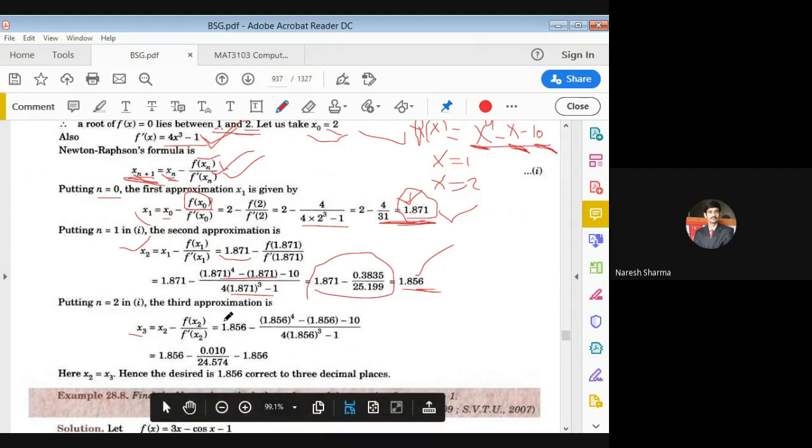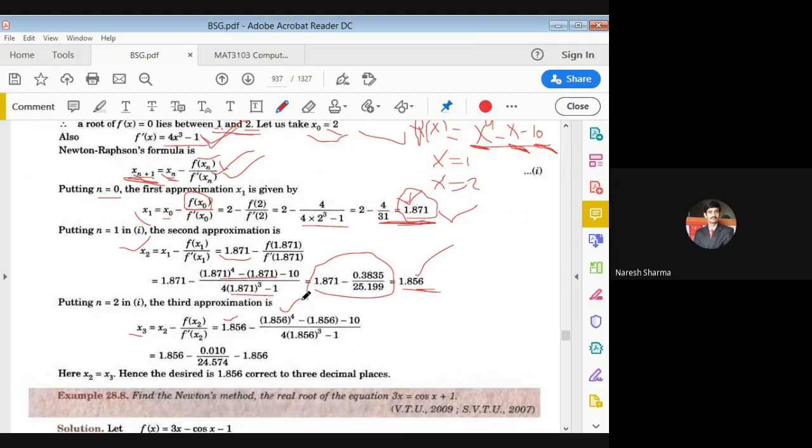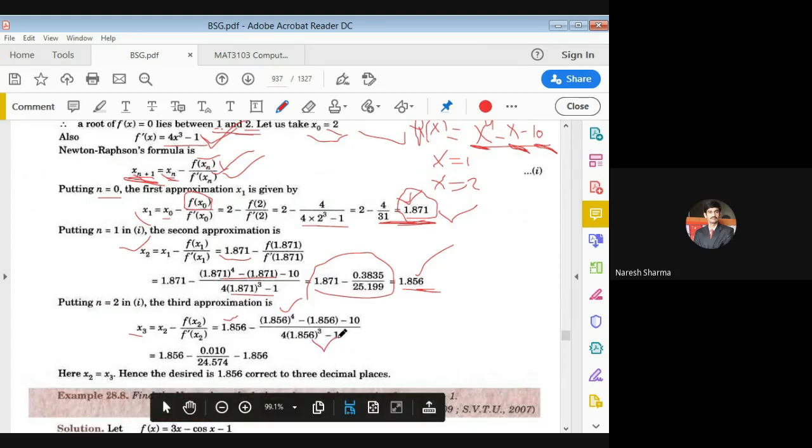So put your x2 here. The value of the function at the new approximation 1.856, divided by the derivative of the function at the new approximation, that is 1.856. After solving, you get 1.856. This should be an equal sign here, that is a typing error.